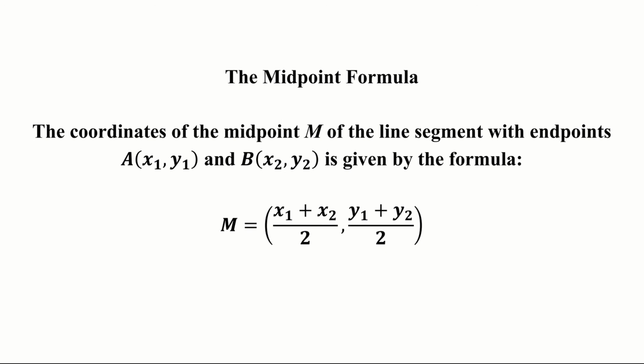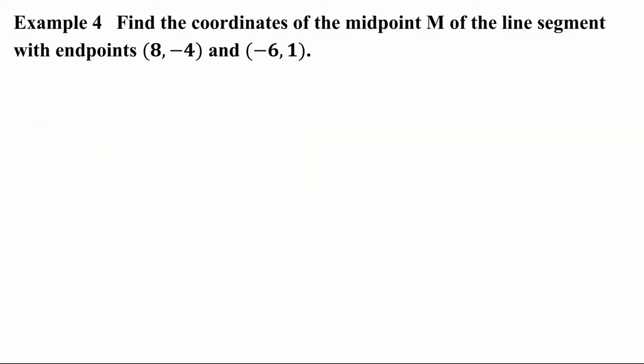Definitely one of those formulas that you will want to have in your bag of formulas. Now, of course, if these points are on the number line, it's very easy and quick to find the midpoints. But they're not that much more difficult if they're not lying on the number line either. So we'll just apply the formula.